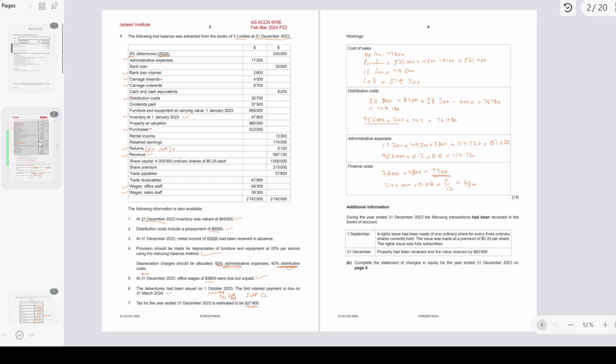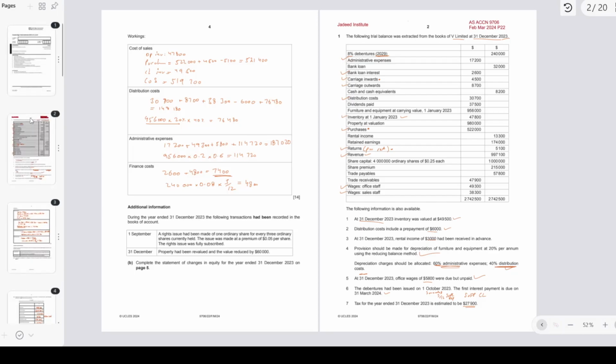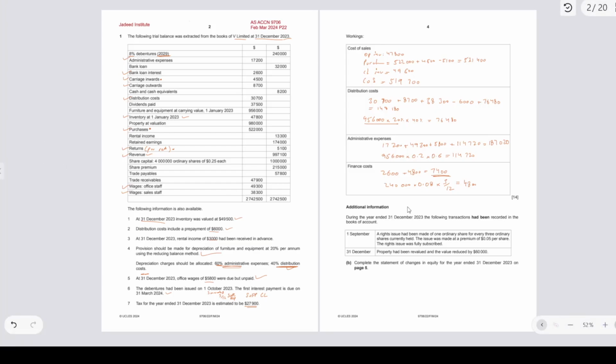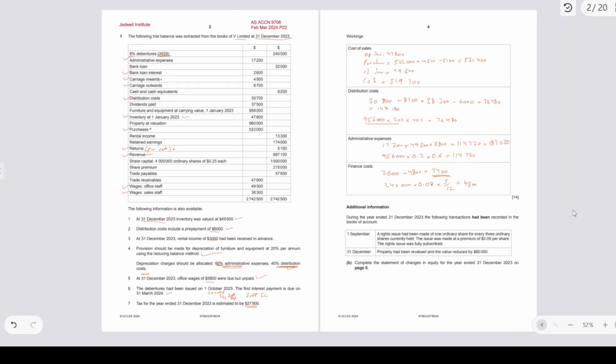We can leave it as it is, but we can still try. No, it's not working. Okay, we'll try to manage.